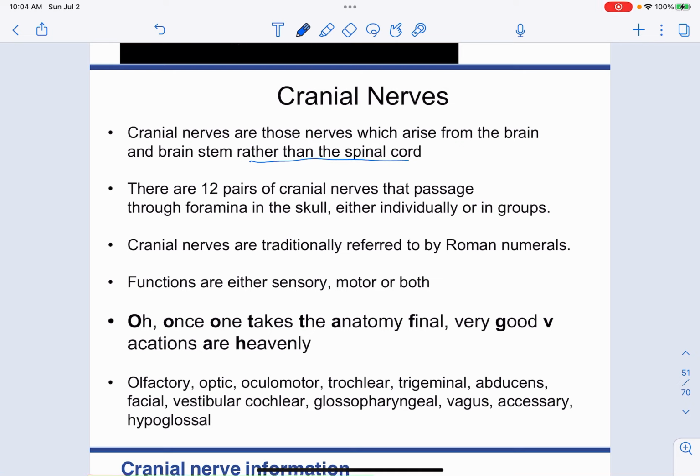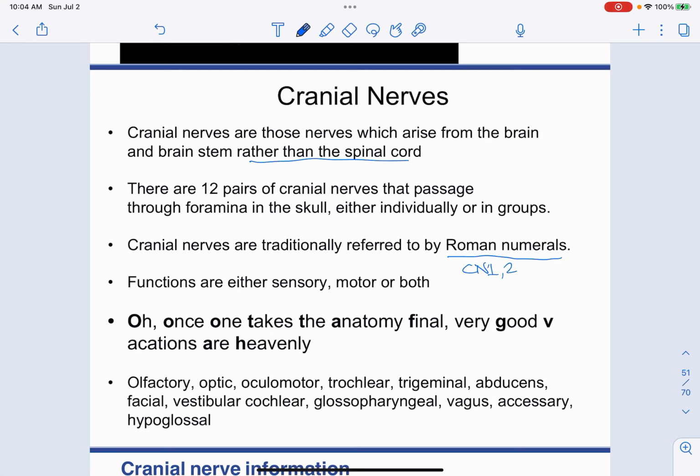The cranial nerves are traditionally referred to using Roman numerals. So if you don't remember your Roman numerals, you will have to review that, because whenever you write out a cranial nerve, you must use the Roman numeral. You can't just say cranial nerve 1, 2.